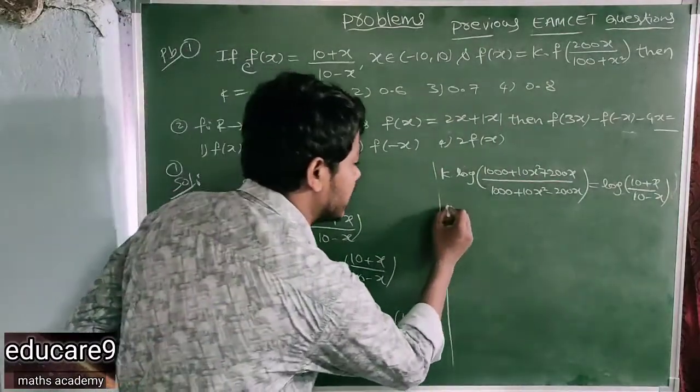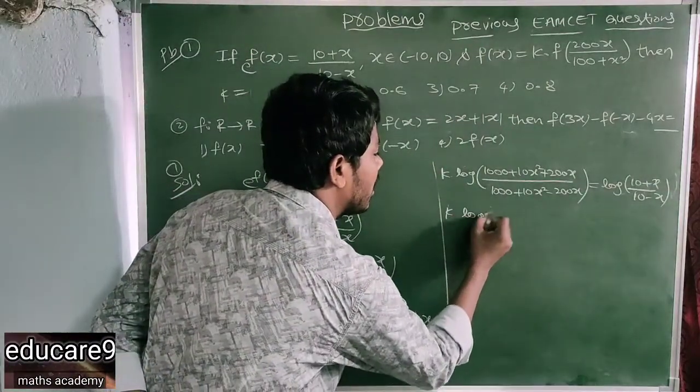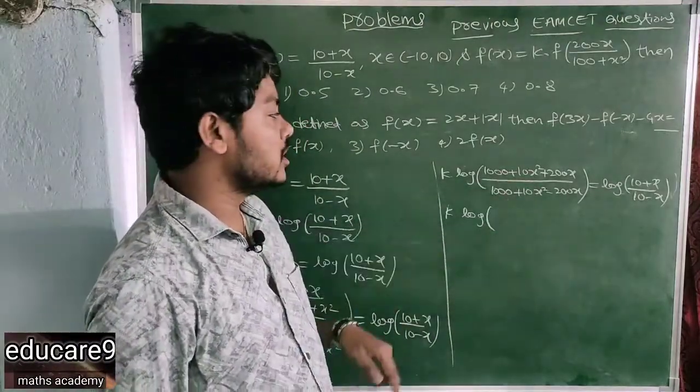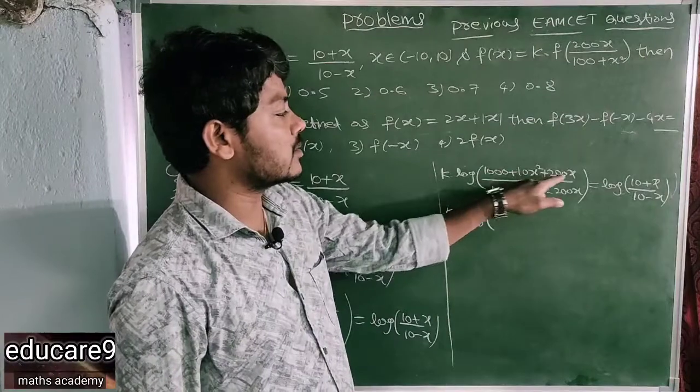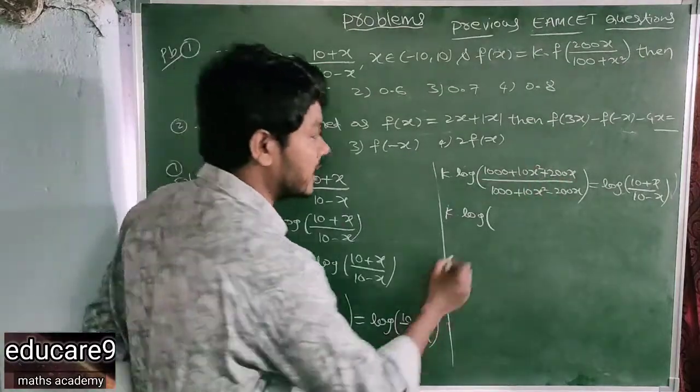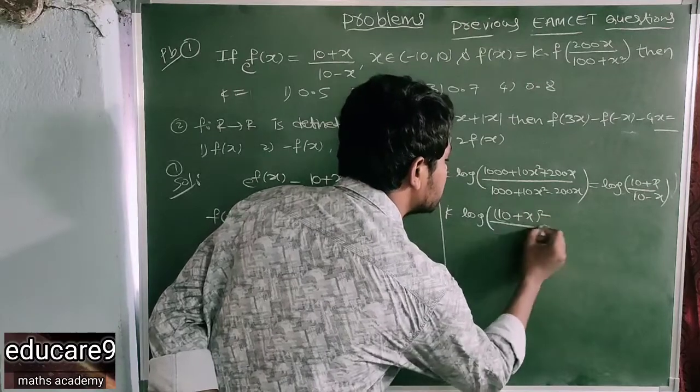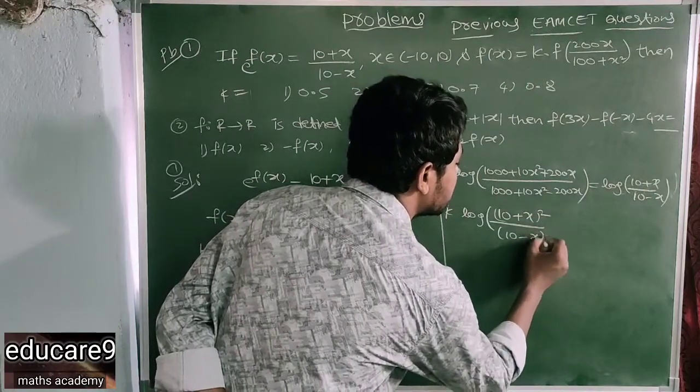Now again this is k times log of, here 10 is common in both numerator and denominator. So what is left? (100 + x² + 20x), which can be written as (10 + x) whole squared, and (10 - x) whole squared.